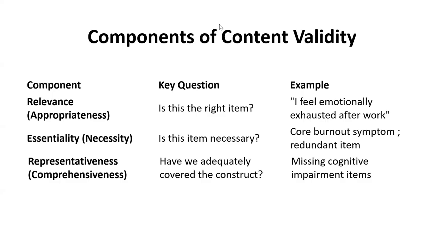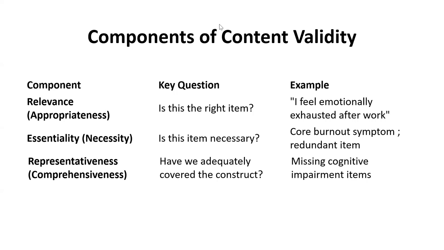The second component of content validity is essentiality. That is, is this question necessary? What happens is there are, say, 25 questions on burnout, but there are 5 questions which are measuring the same thing. Means the questions are redundant. So you can say instead of 5, I can ask just 2 questions to capture that domain, or 3 questions.